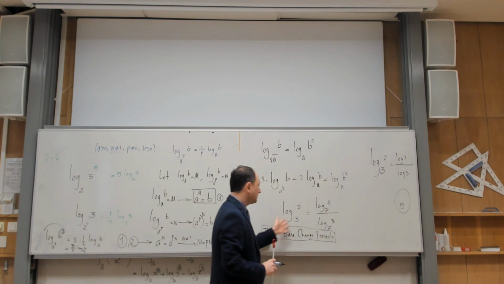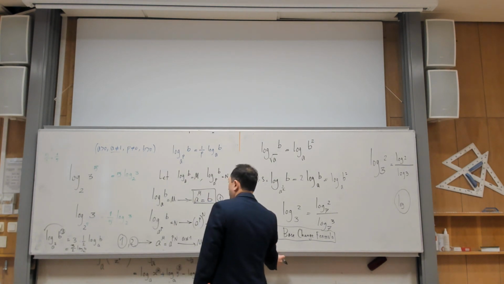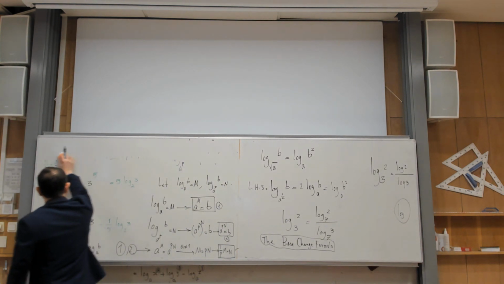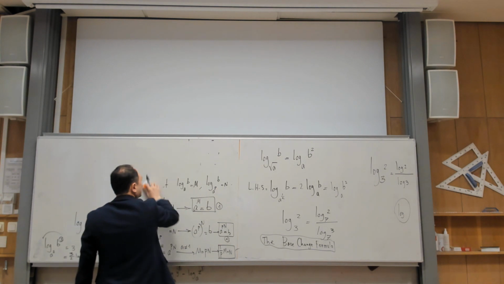But for the time being, why is this true? Okay, so let me just write the base change formula here for you, and try to see why this is true.